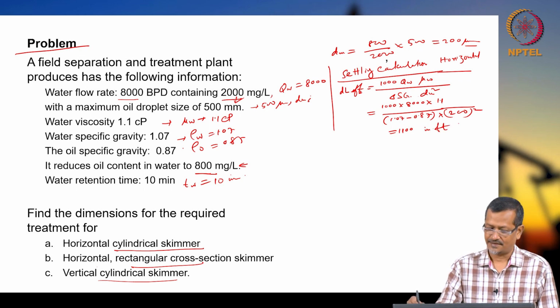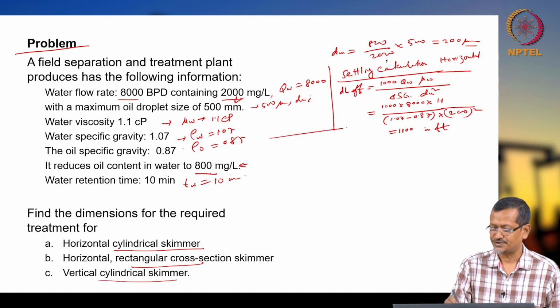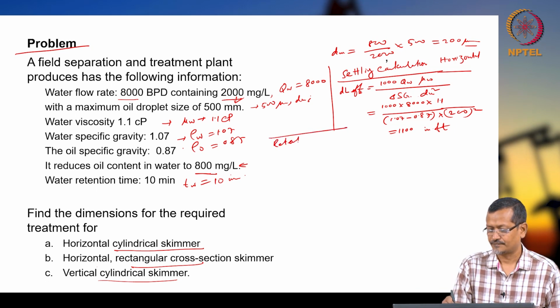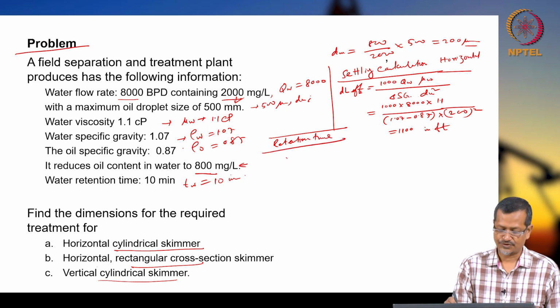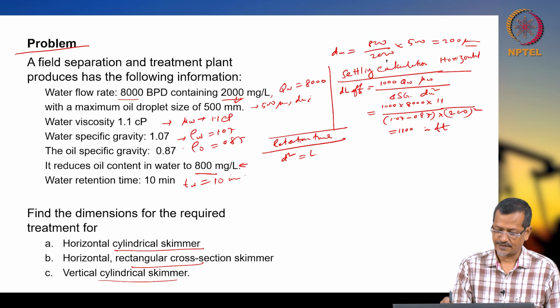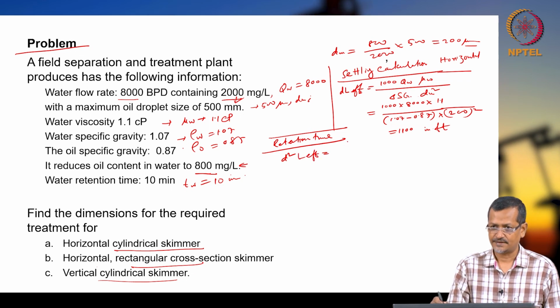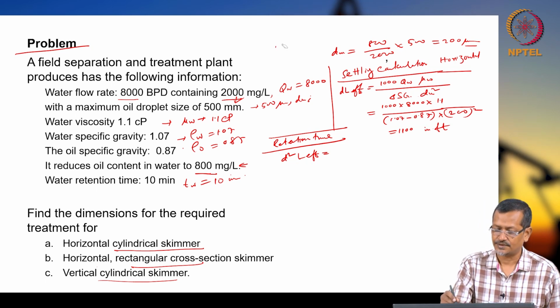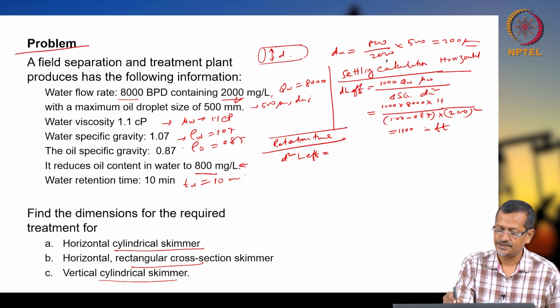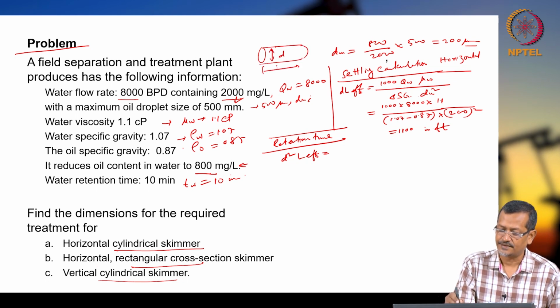Now the retention time based calculation. The formula is d square into LEFF, the effective length, d being the diameter of the separator. I should draw the separator actually. This is d, this is effective length.